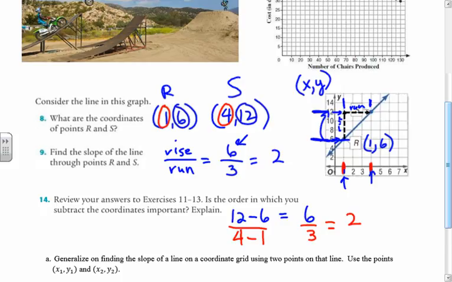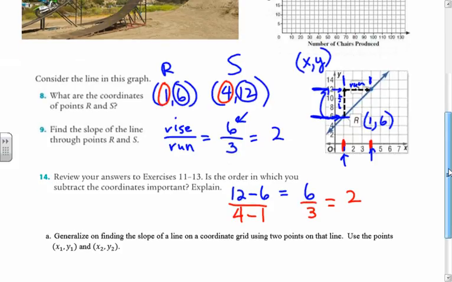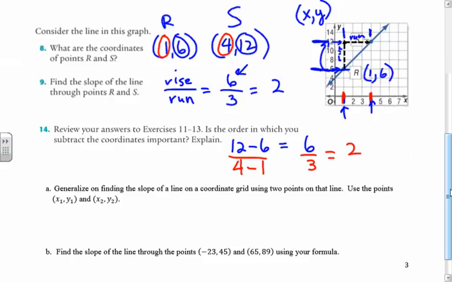So really, you wouldn't even need the graph to find the rise and the run. You just need the coordinates of the two points. If I look at this as one of my coordinates, x sub 1 and y sub 1, my second coordinate is x sub 2, y sub 2.